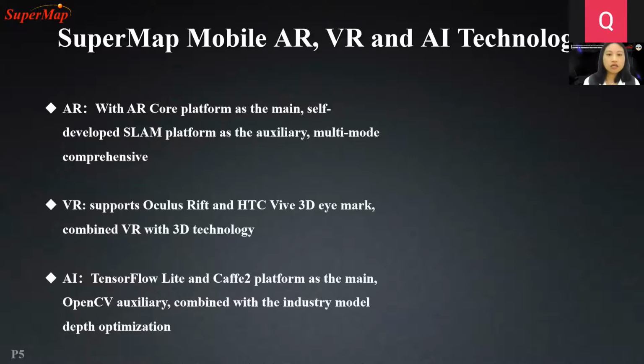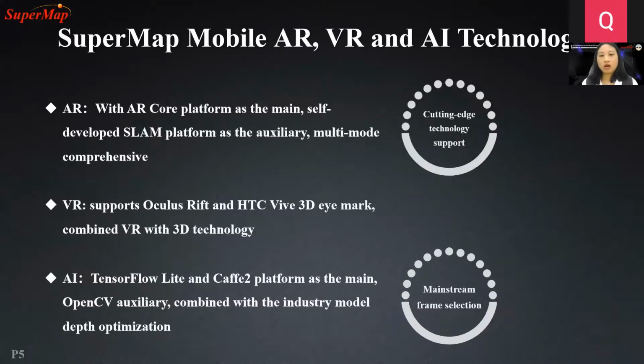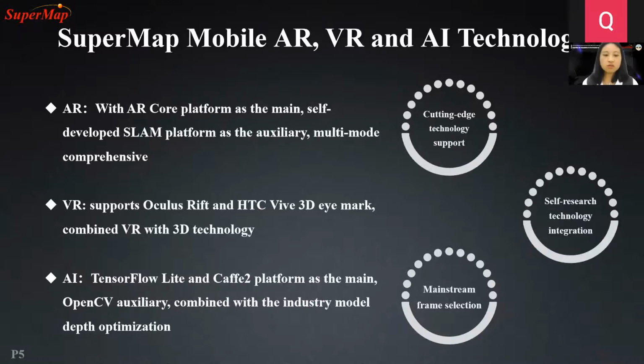And this has the proper features of mainstream framework selection, and it is supported by cutting-edge technology, and our products are self-research technology integration. So with the AR and the AI, what we can get is that we can set correct positions of multiple graphs and display real texture of images.